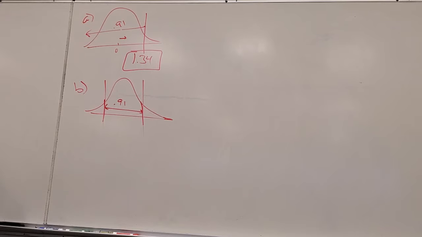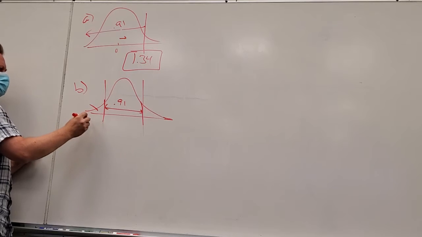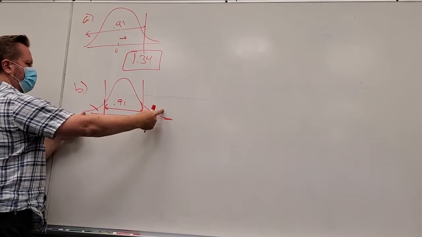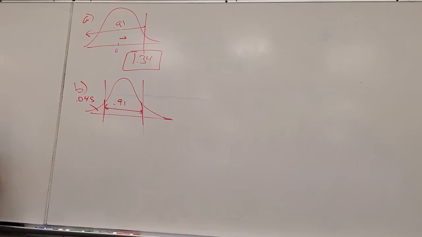The chart could help me out if I knew the area below one of those z-scores, because that's what the chart is built on. So what area is below this one? 4.5%. Yeah, because there's 9% outside, there must be 4.5% on either side.